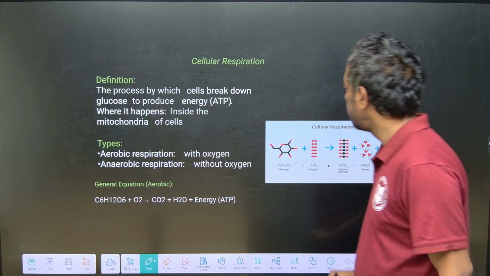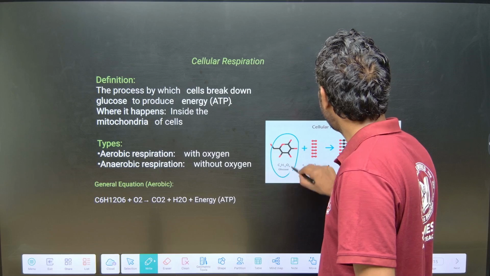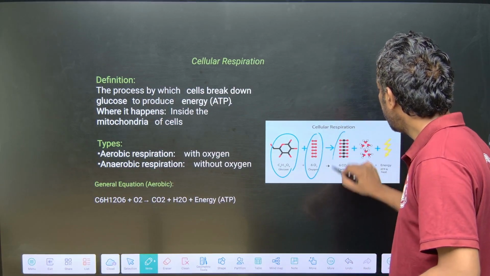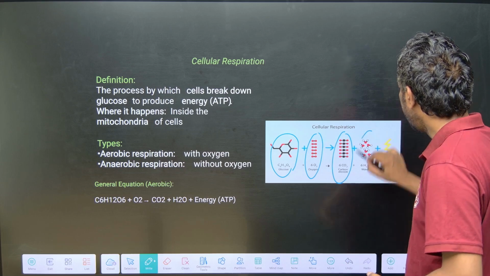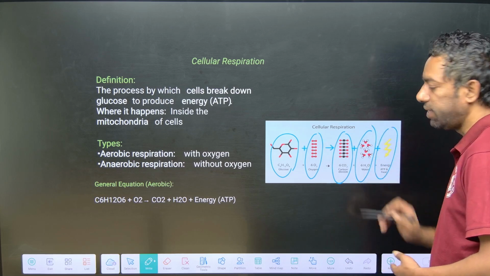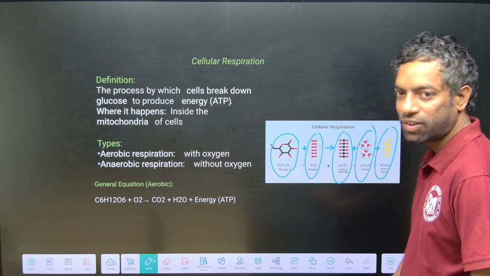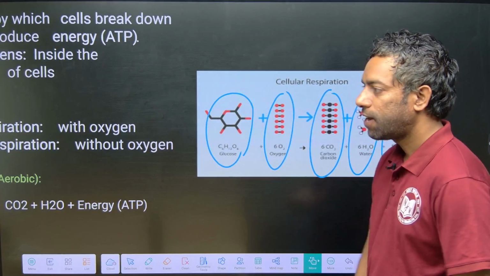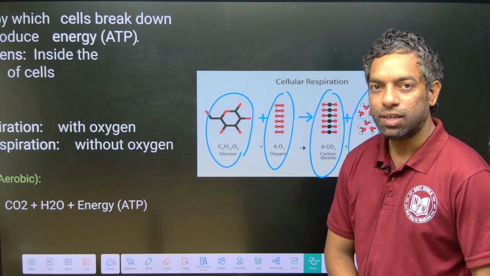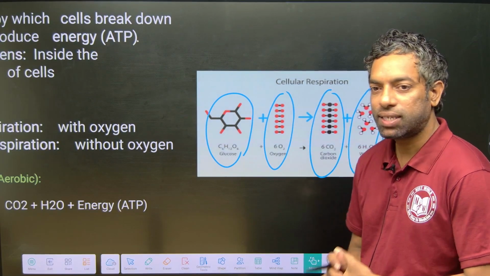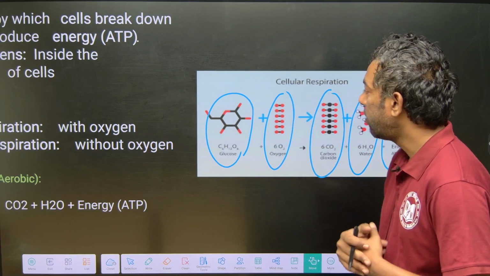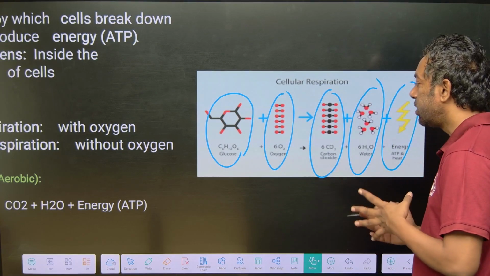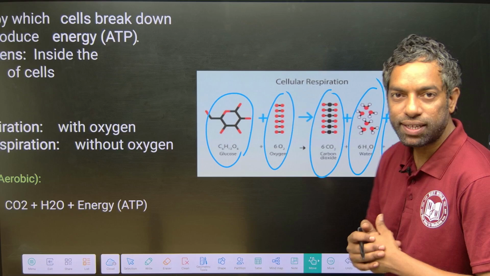Cellular respiration is the breakdown of glucose molecules with oxygen, releasing carbon dioxide, water and energy. Glucose and oxygen turn into carbon dioxide, water and energy.